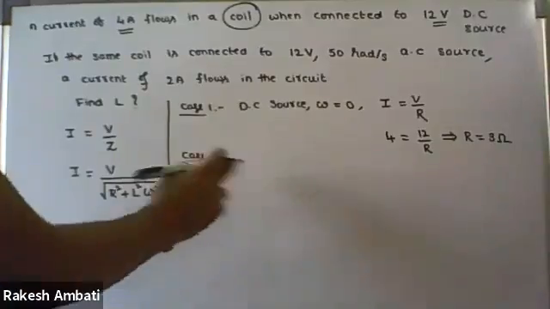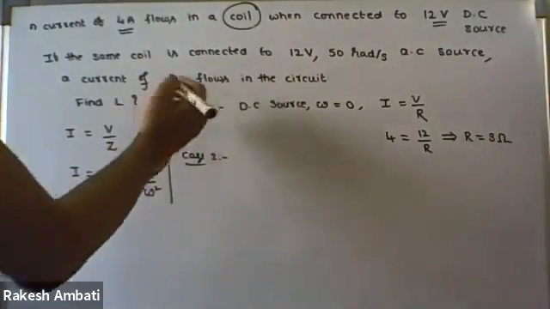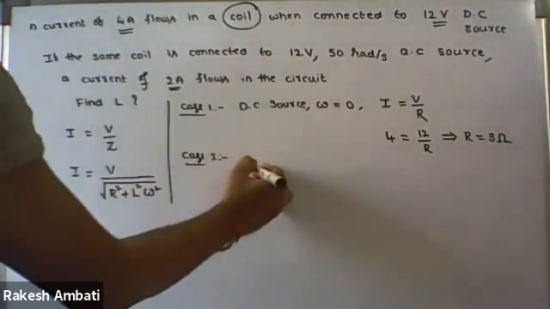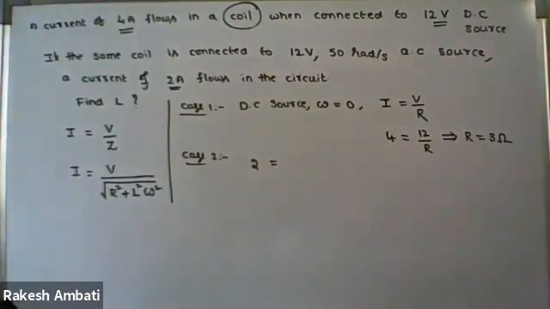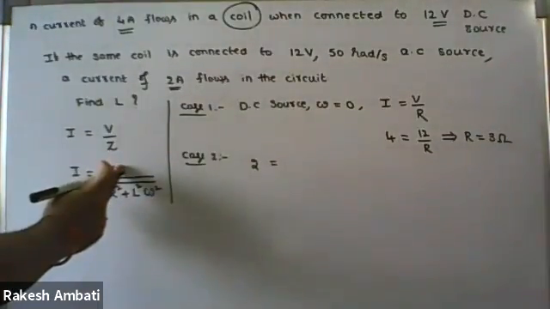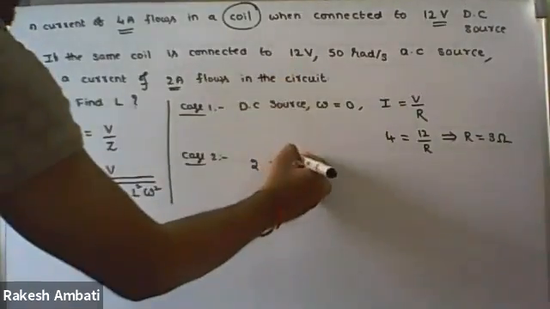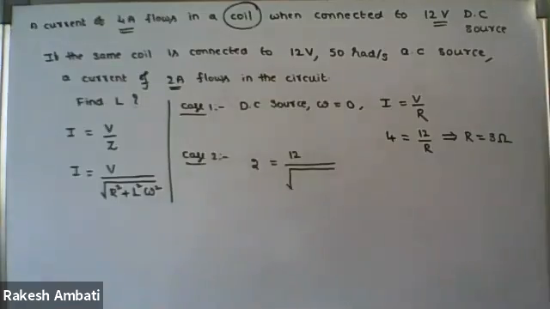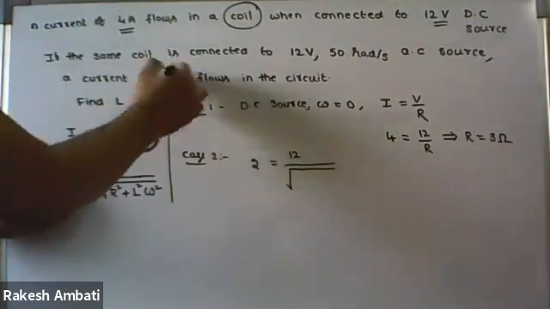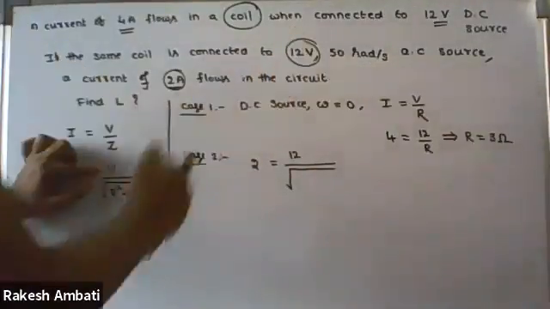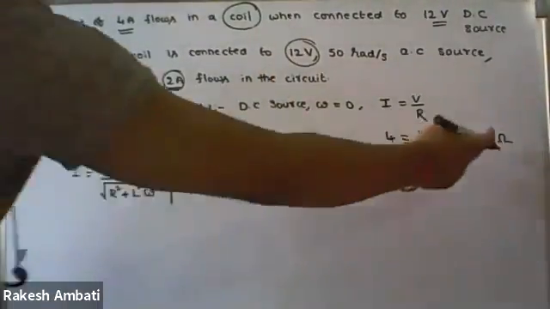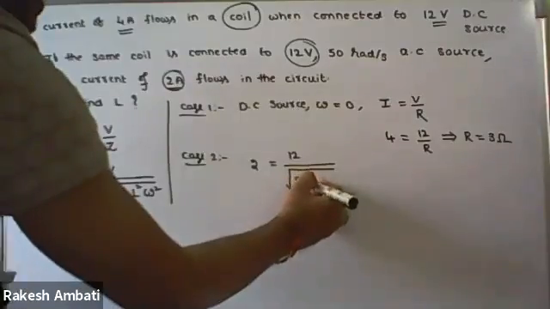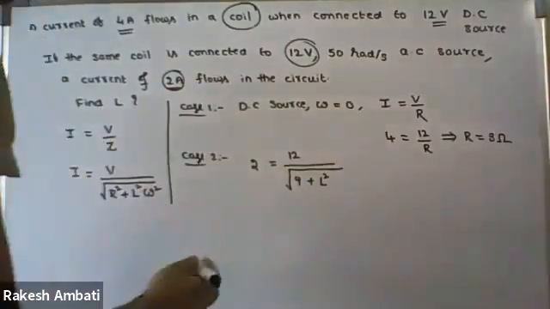In the place of I, 2 ampere equals, in the place of V, 12 volts upon root over R square, so 9, plus L square omega square.